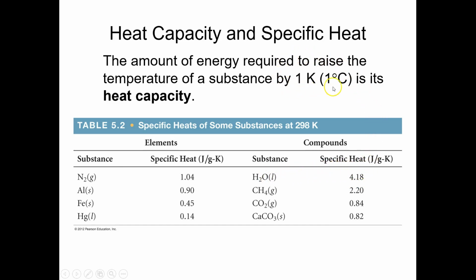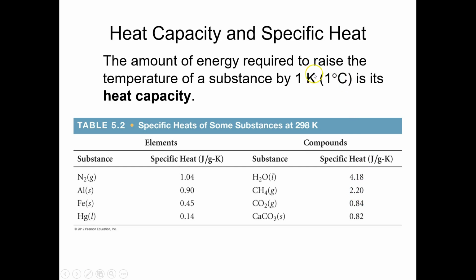Let me just go back to one particular point here. In the gas law chapter, we talked a lot about how everything has to be in kelvins when we are doing these calculations. Why is it possible to do it in either kelvins or degrees Celsius when we're talking about calorimetry like this? That's because temperature changes are the same in degrees Celsius as they are in kelvins.